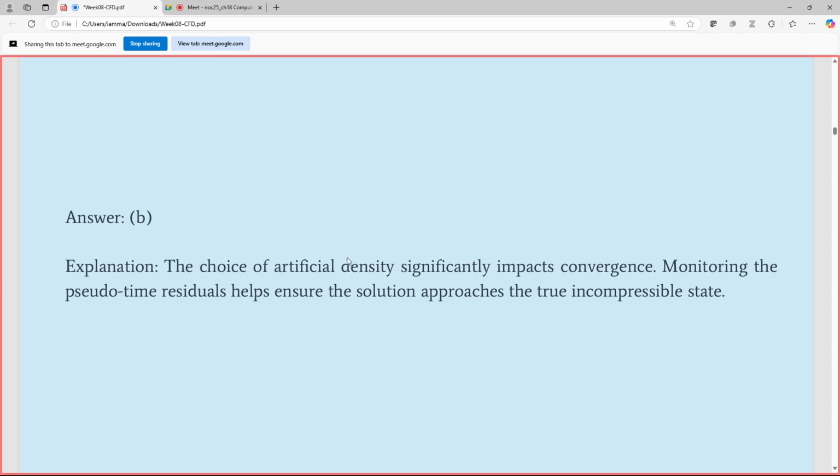So to avoid that, the user has to continuously monitor the pseudo time residuals or convergence.